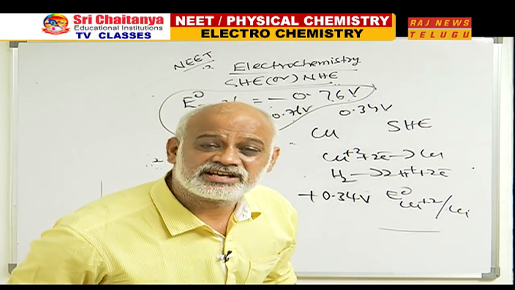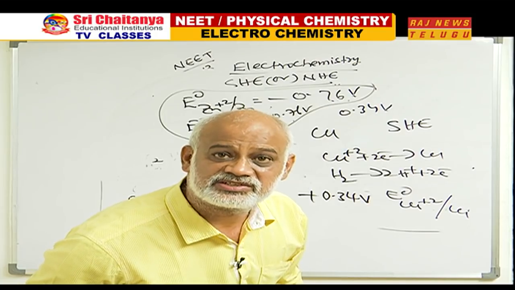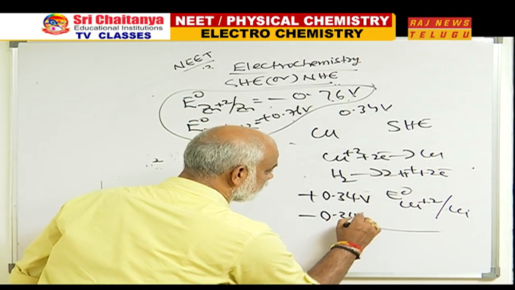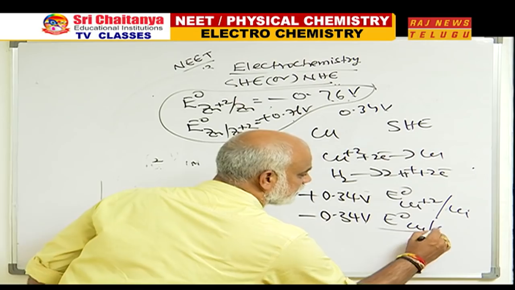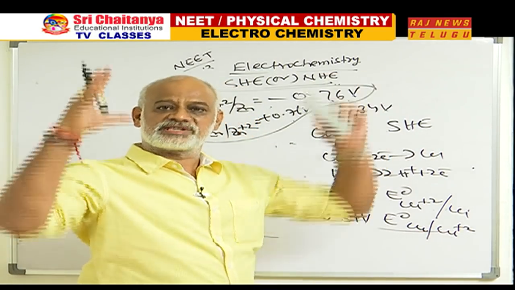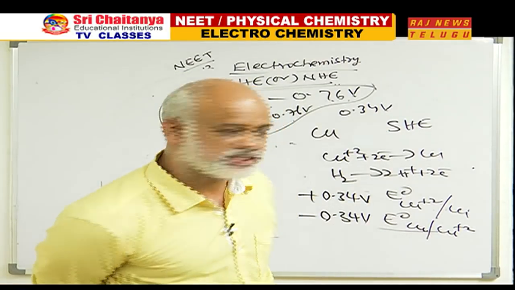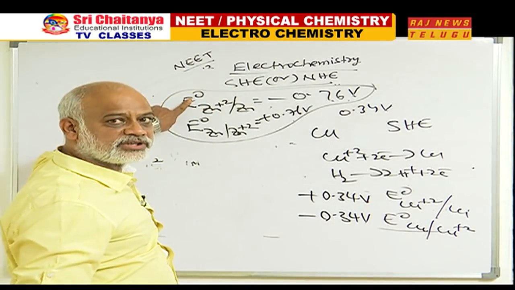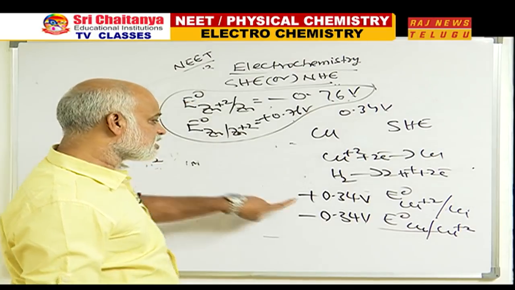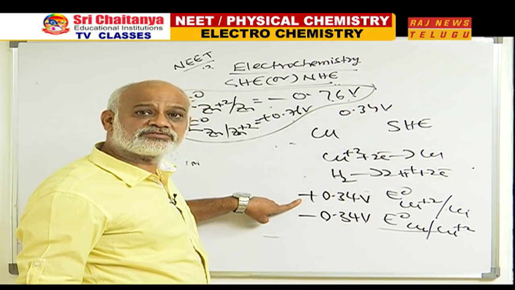Therefore, plus 0.34 volts will be its reduction potential. Plus sign for its reduction potential, because the spontaneous reaction that it is undergoing when connected to standard hydrogen electrode is reduction. Minus 0.34 will be the oxidation potential, because for the first time I am showing both. Can I now say everything is taken in terms of reduction potential? Standard reduction potential of zinc electrode is minus 0.76. Standard reduction potential of copper electrode is plus 0.34.